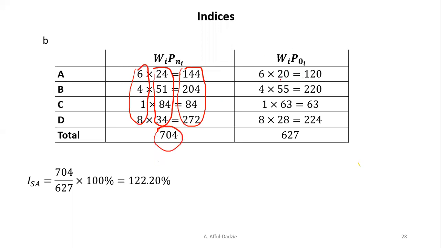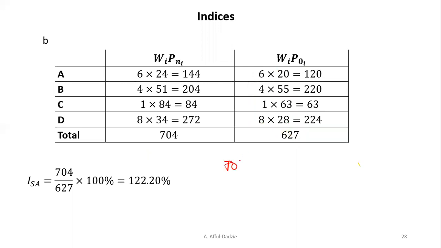And we'll now go to the base values as well. Take each of the base values, multiply it by their respective weight. So these are the weights again, being multiplied by the base values, and these are the outputs, and we have a total of this. So we now have a sum of all the current price values multiplied by their weights, and the sum of all the base period values multiplied by their weights.